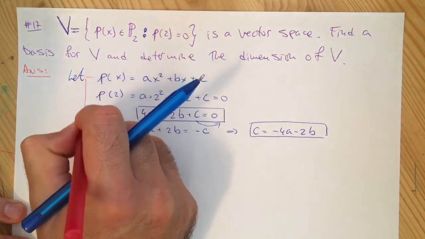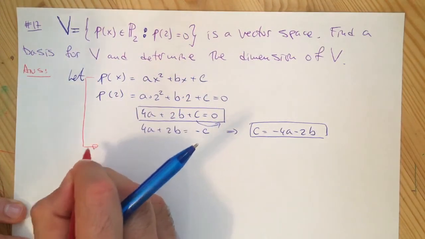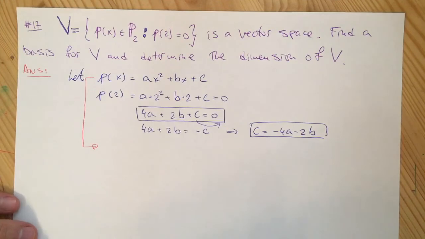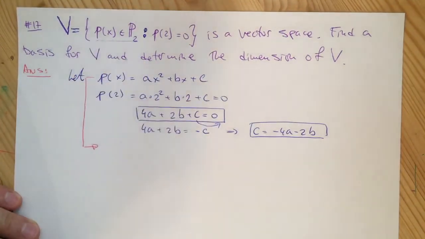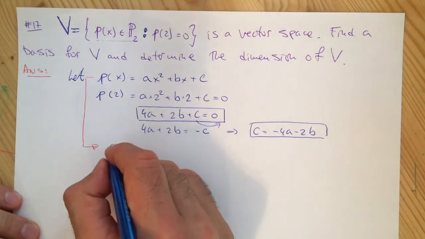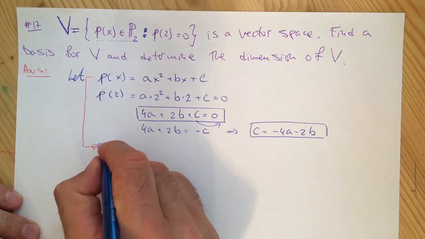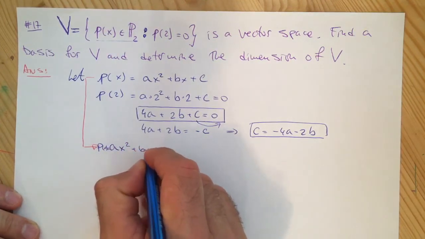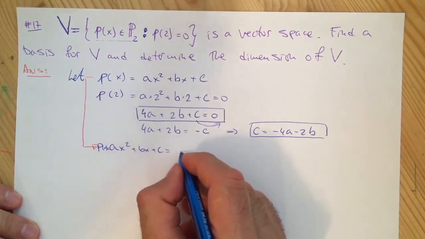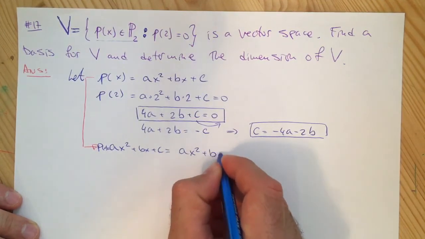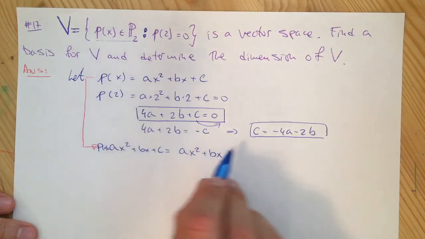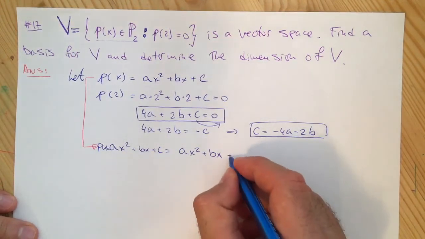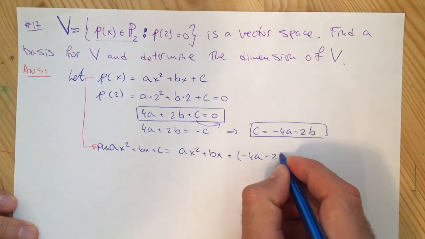Now you have the relation between a, b, and c. You come back here to the most general quadratic polynomial, because that's what our vector space consists of, and you say p of x, which is ax squared plus bx plus c, is equal to ax squared plus bx plus negative 4a minus 2b.